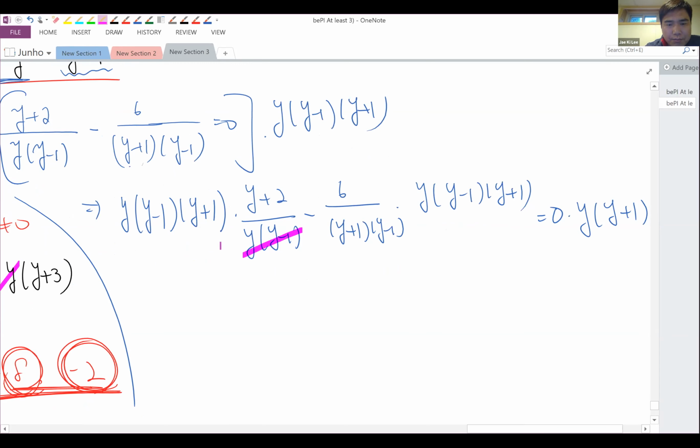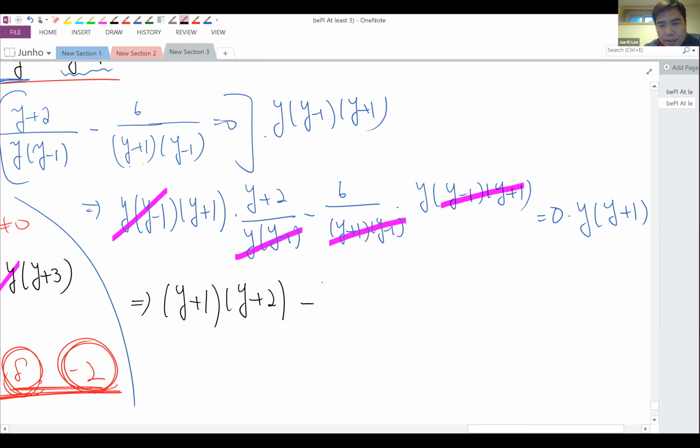Then this becomes, and then here, therefore, it will be y plus 1, y plus 2 minus 6y equal to 0. Okay, so now we need to expand, and then we're factoring again.